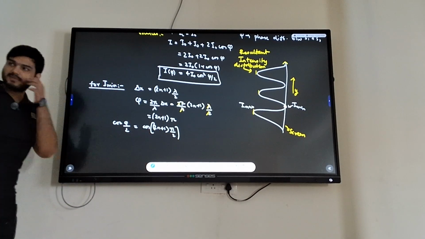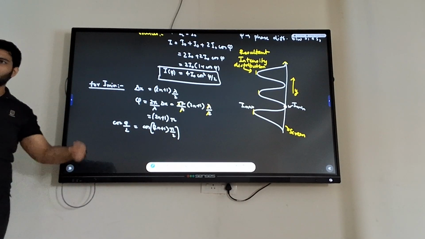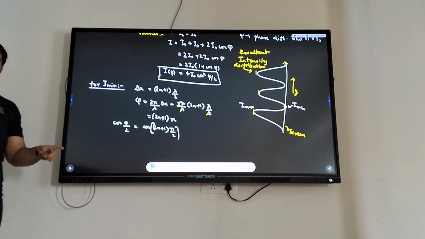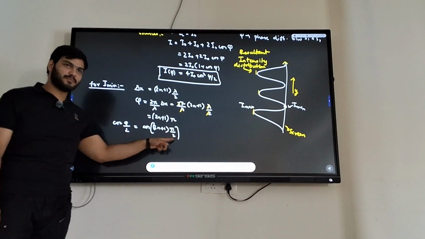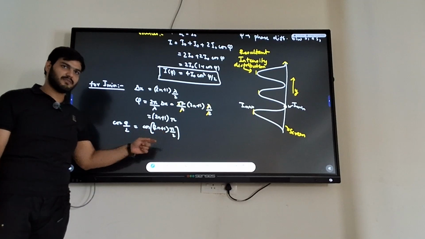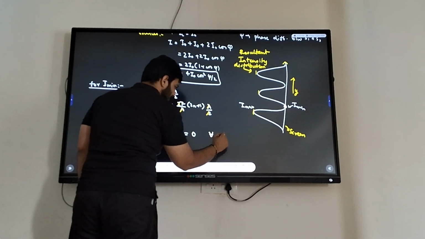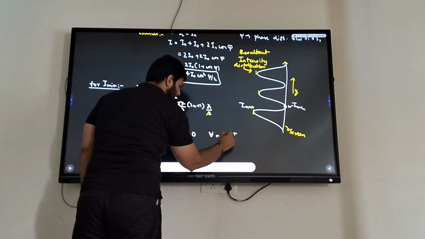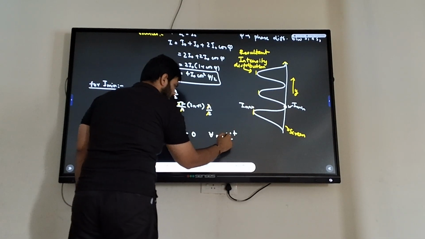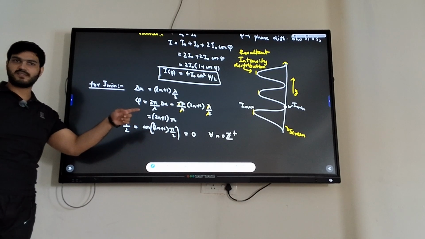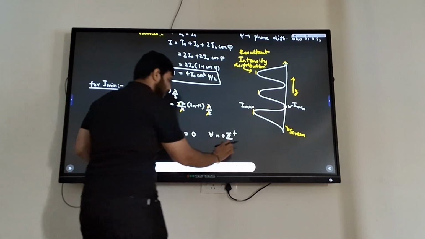So what are these possible values? Cos pi by 2, cos 3 pi by 2, cos 5 pi by 2. What are they all equal to? They are all 0. All odd multiples of pi by 2, cos of that will be 0. You know this? For all n belonging to Z plus, positive integers. Do you know this symbol?